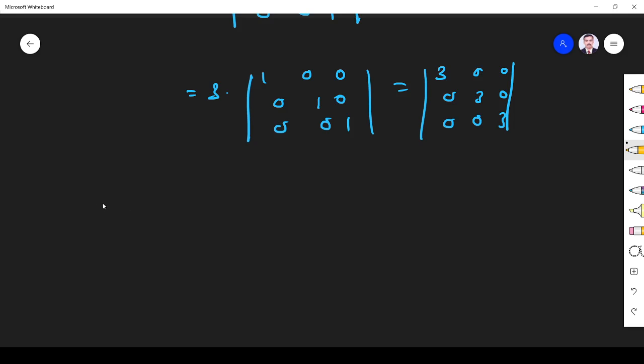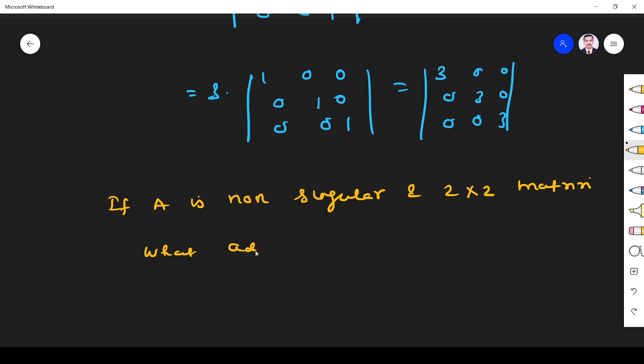Next, what type of problem can we identify with a shortcut? Suppose they ask: if A is a non-singular 2 by 2 matrix (singular matrix means determinant is 0), what is adjoint of adjoint A?